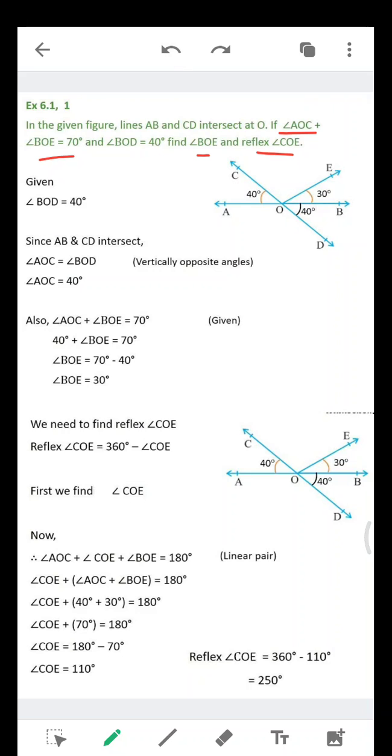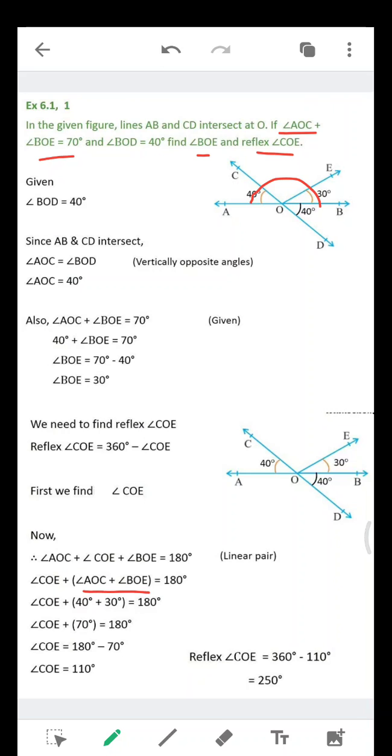For finding COE, I'll add up all these three angles. AOC plus COE plus BOE is equal to 180, because it is a linear pair. We know two angles here, that is AOC and BOE.